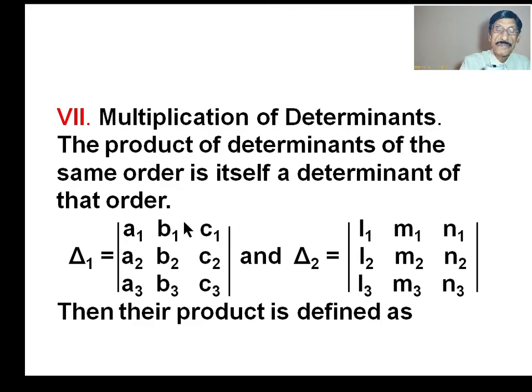The first row is multiplied with the first column, then the second column, then the third column. Again, the second row is multiplied by the first column, then the second column, third column. Similarly, the third row is multiplied with the first column, second column and third column. So we get a determinant of third order.